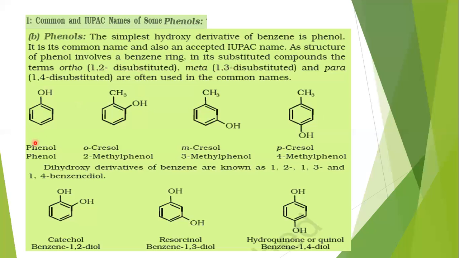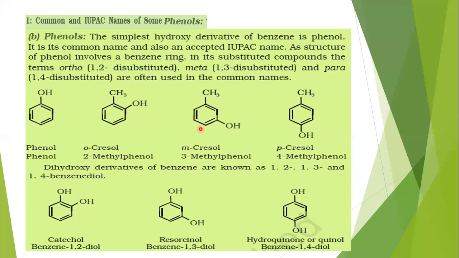See, this is phenol. The common name is phenol, and the IUPAC name is also phenol. Here, orthocresol. This is the ortho position. But according to the IUPAC system, this is first carbon and this is second carbon. At the second carbon there is a methyl group. So 2-methyl phenol. The parent compound is phenol.